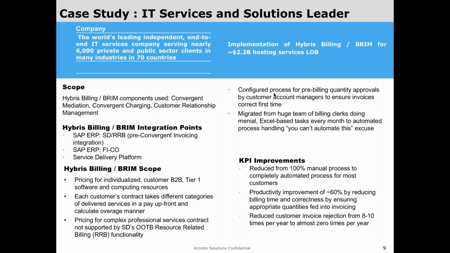We're integrated with SAP ERP, not S/4HANA. We are integrated with SD, the sales service and delivery platform, and resource-related billing, the RRB. Of course, this was when we did the implementation, it was pre-convergent invoicing integration, also to FICO, as well as we received data from a service delivery platform.